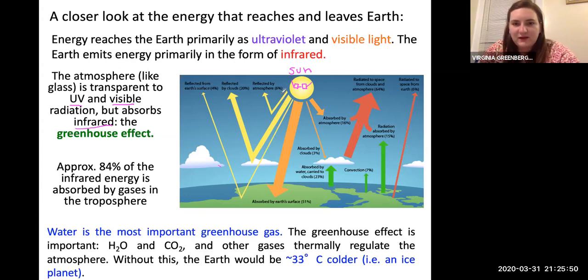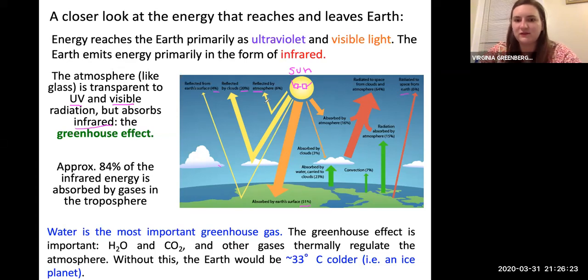And so we can look at how the atmosphere does reflect some light, not a ton, 6%. Clouds reflect about 1/5 of the light that comes in. The Earth's surface reflects some. But the Earth's surface absorbs about 1/2 of the light that reaches it. And some light bounces off. And then maybe it's absorbed by water in the atmosphere via the greenhouse effect, or radiates out into space.